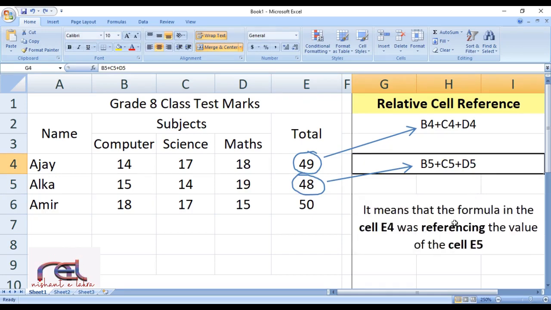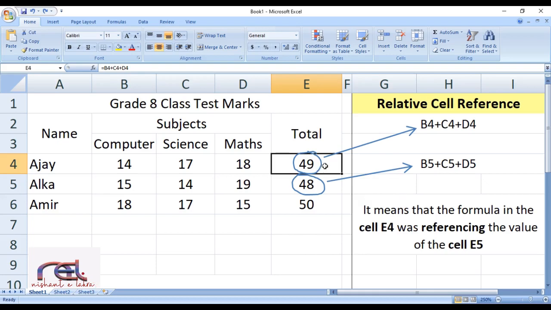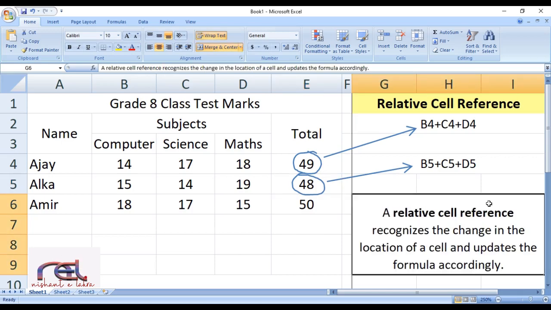This means that the formula in cell E4 was referencing the value of the cell E5. But what has happened? The cell address is not B4 here but B5, right? So that is what relative cell reference is.